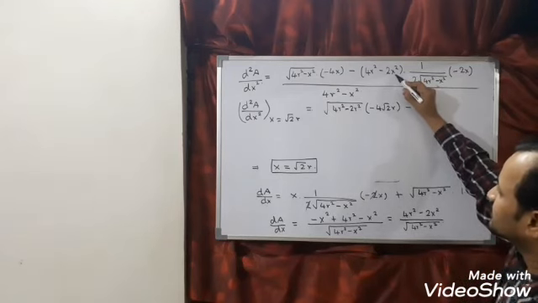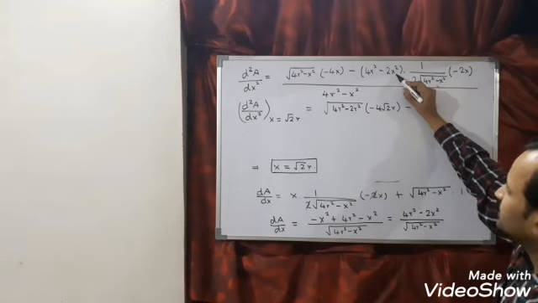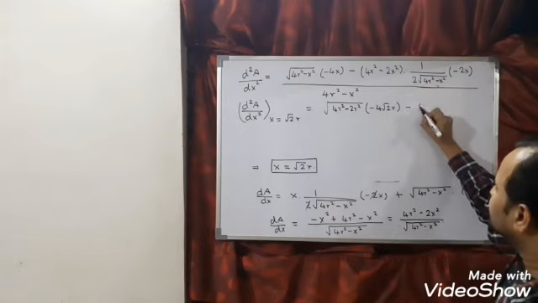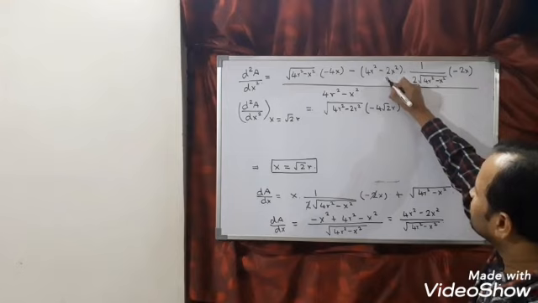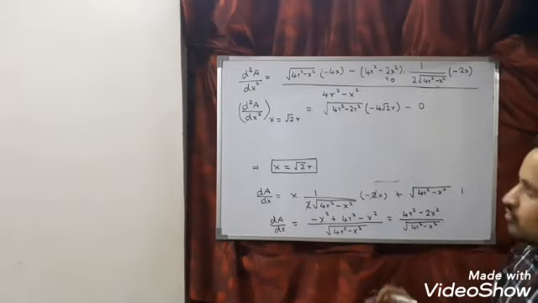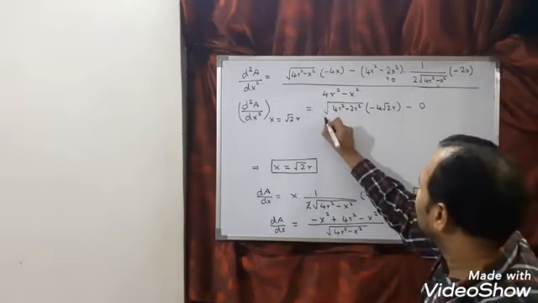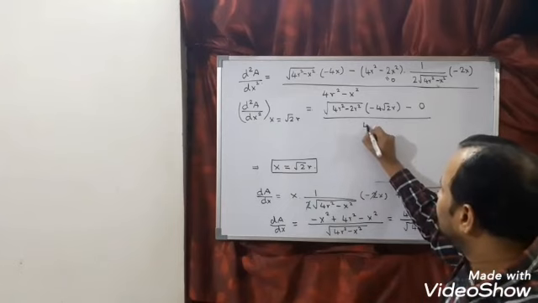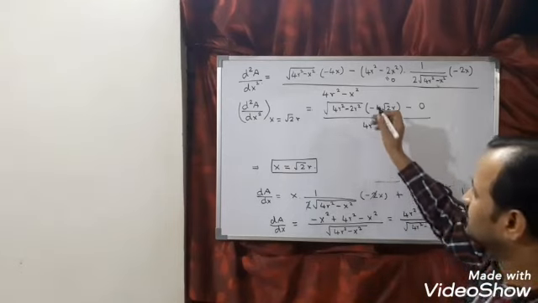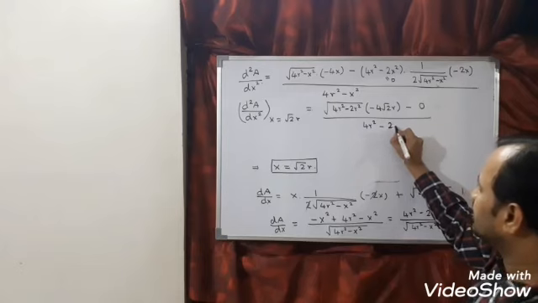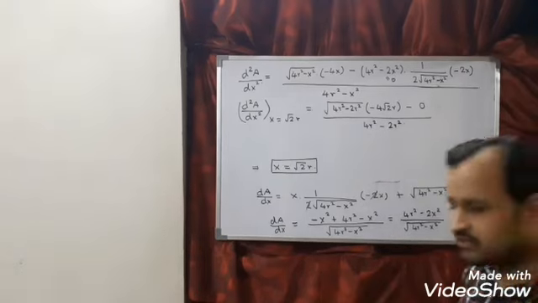So x is nothing but root 2r, so this value will become 0 when you put x is equal to root 2r. So this total will become 0. Whole divided by this, I can say 4r square minus, what is x square? x square is nothing but 2r square.